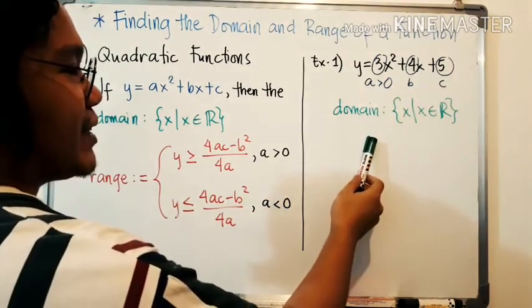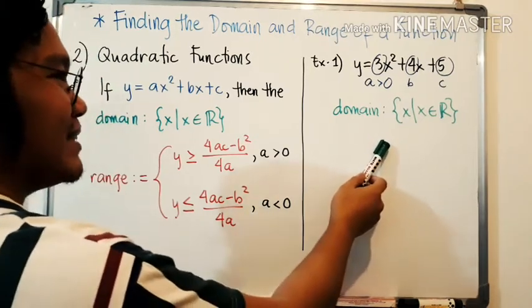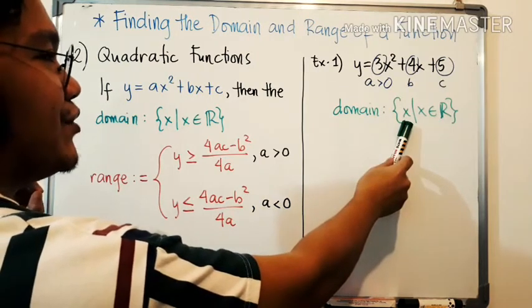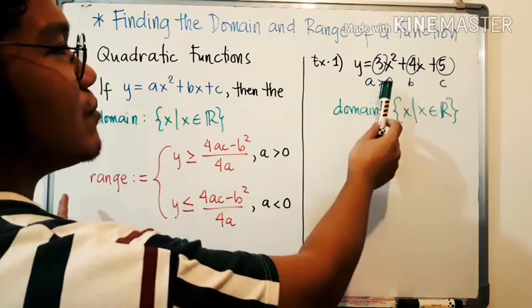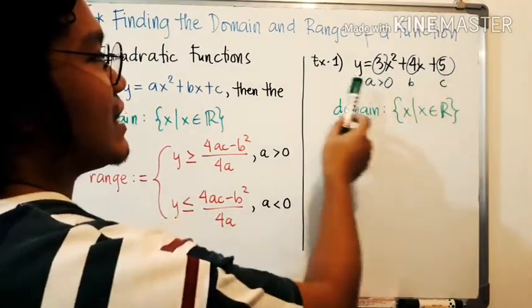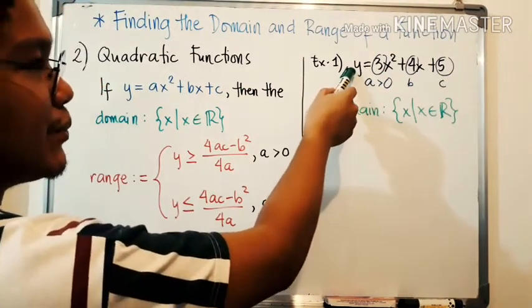Okay? What I mean by all values of x are defined is that for any real number we substitute into our quadratic function, y is defined and is real.